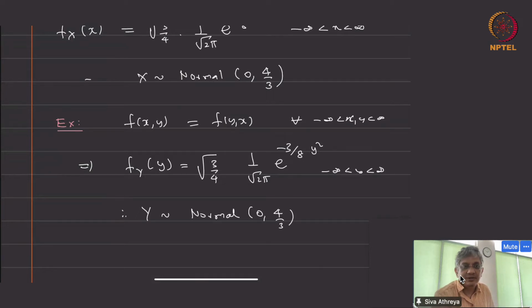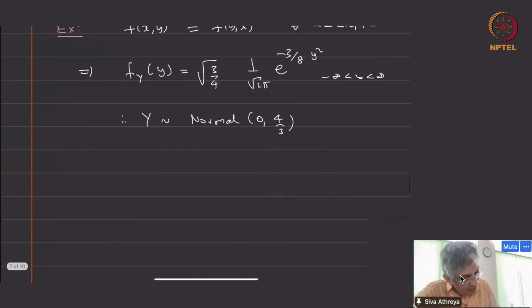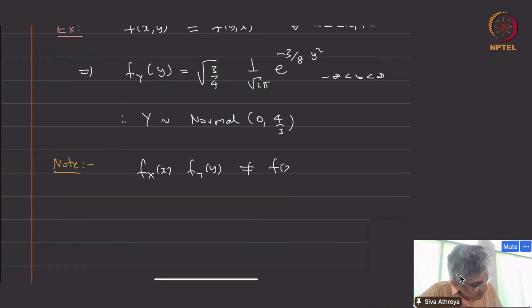So now we also note the following fact: f sub x of x times f sub y of y is not equal to f of x, y. So therefore, x and y are not independent.